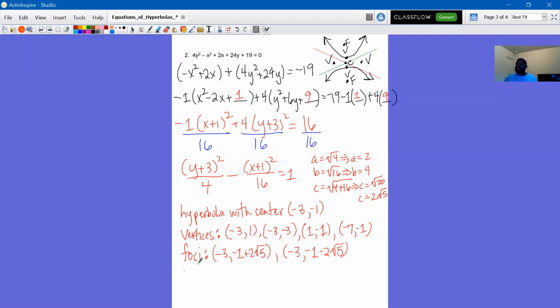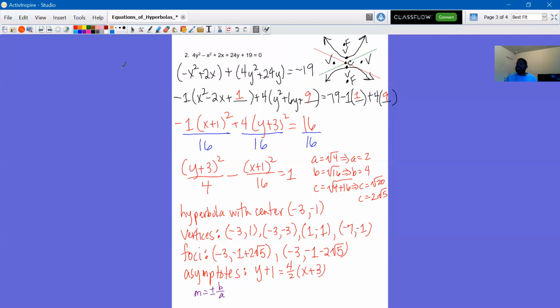And then finally, I'm going to write my asymptotes. Always remind yourself that the slope is always plus or minus b over a. So one of my asymptotes is y plus 1 equals 4 over 2 times x plus 3.